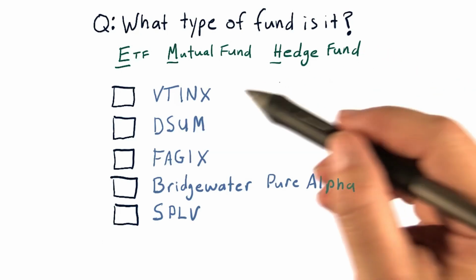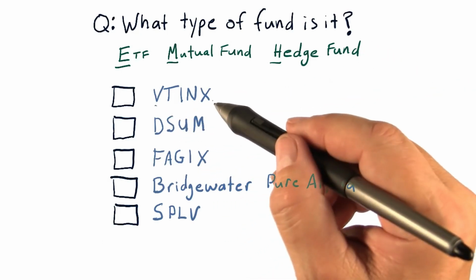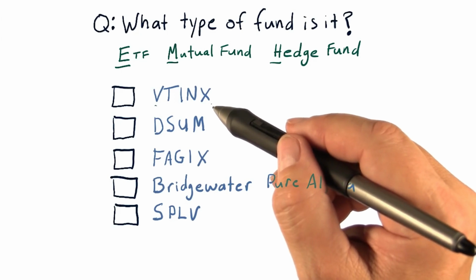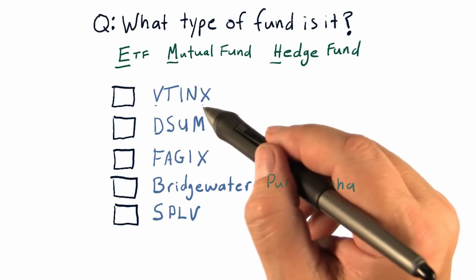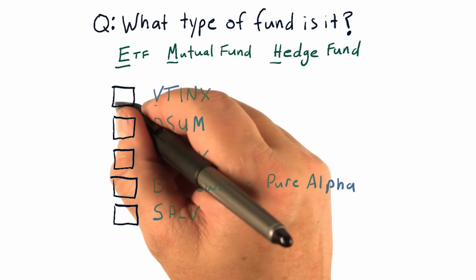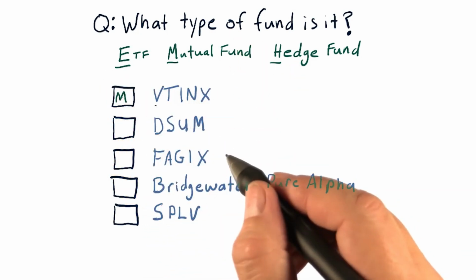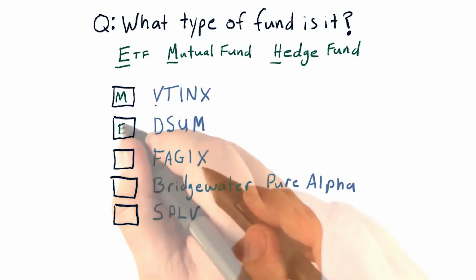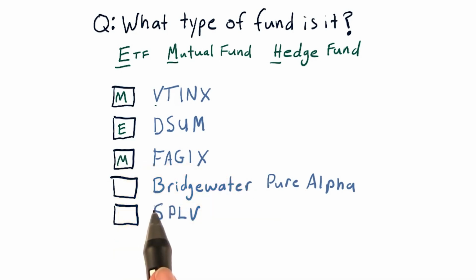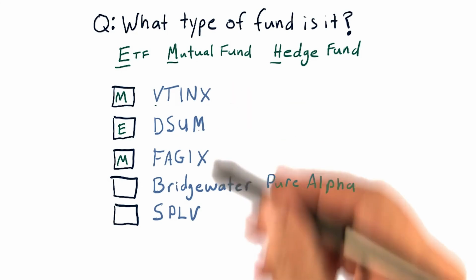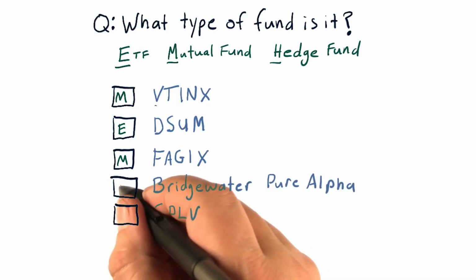Now, as you might have discovered, these 4 or 5 letter symbols represent particular funds. So VTINX is a mutual fund. DSUM is an ETF. FAGIX is another mutual fund. You probably discovered that Bridgewater Pure Alpha doesn't have one of these symbols, and that's because it's a hedge fund.